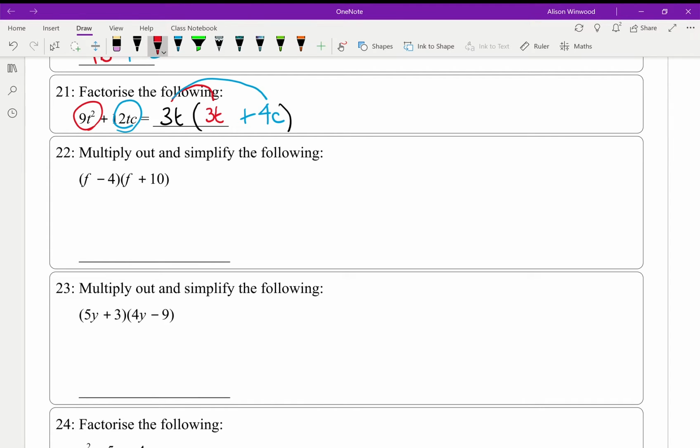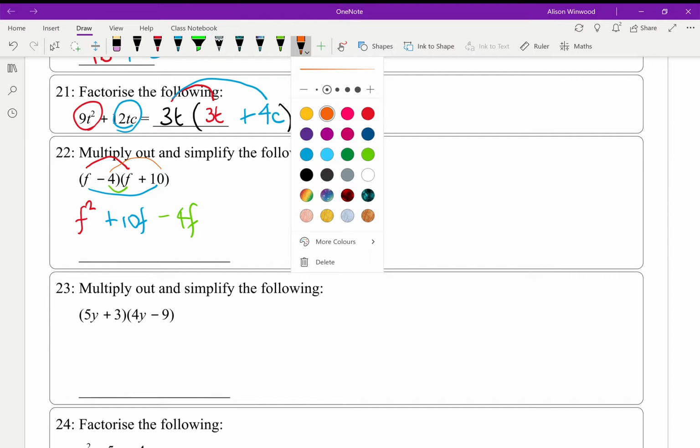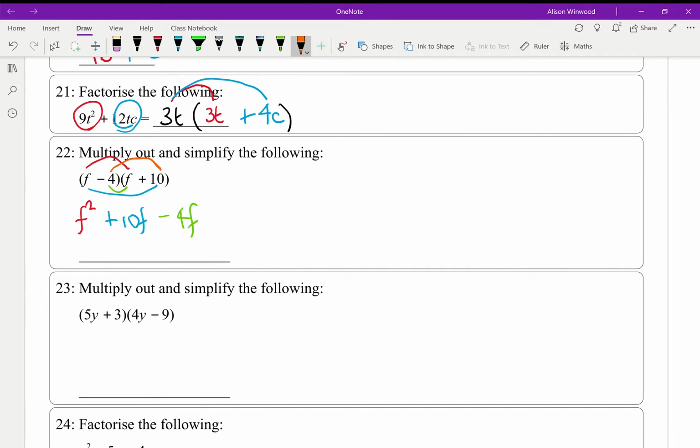Two brackets together is FOIL, so we get firsts, outers, inners, lasts, and then simplify f squared, put the two middle terms together, so positive 6f, subtract 40.